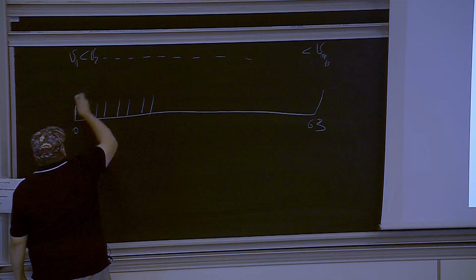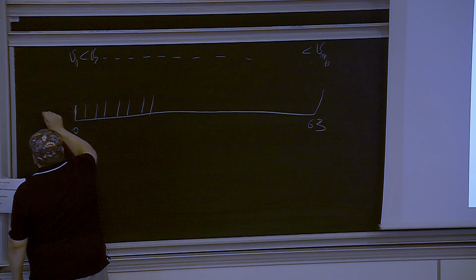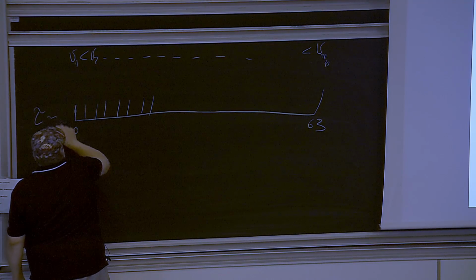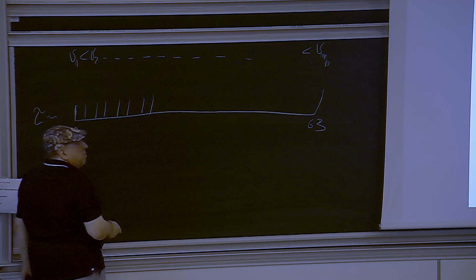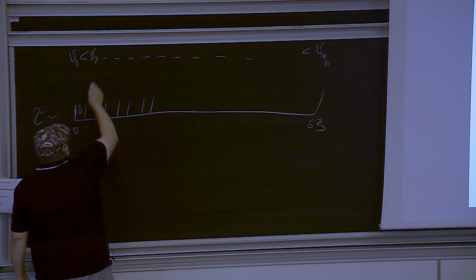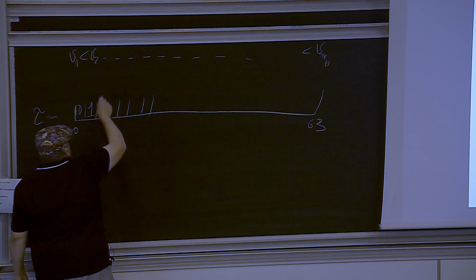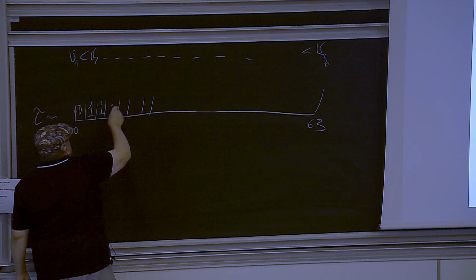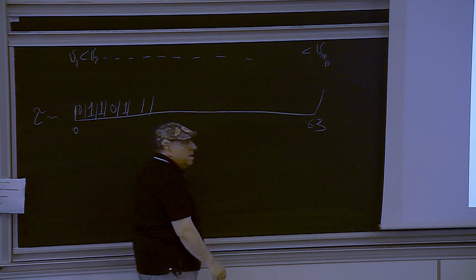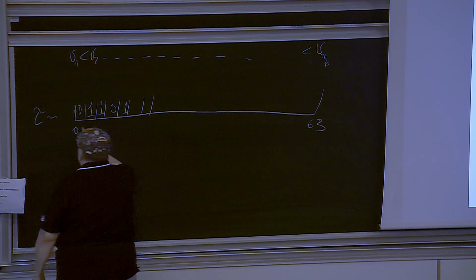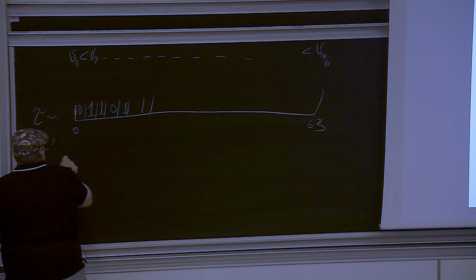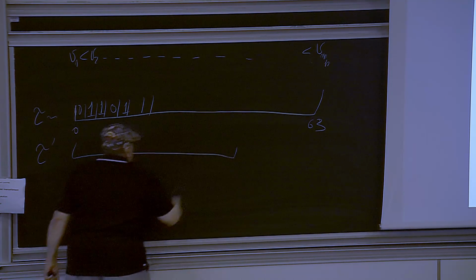For instance, in a given cell tau, if the first minimal vector is not on it, it is 0. The second is on it, it is 1. The third is on it, 1, 0, 1, and so on. Now you have tau prime, the same.